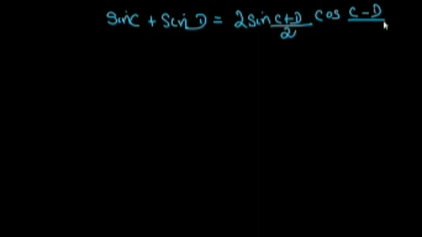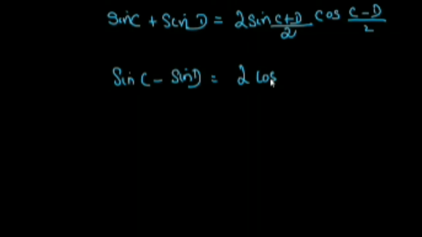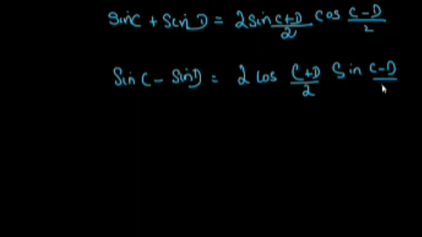Sin C plus sin D is 2 sin (C plus D)/2 cos (C minus D)/2. Sin C minus sin D is 2 cos (C plus D)/2 sin (C minus D)/2.